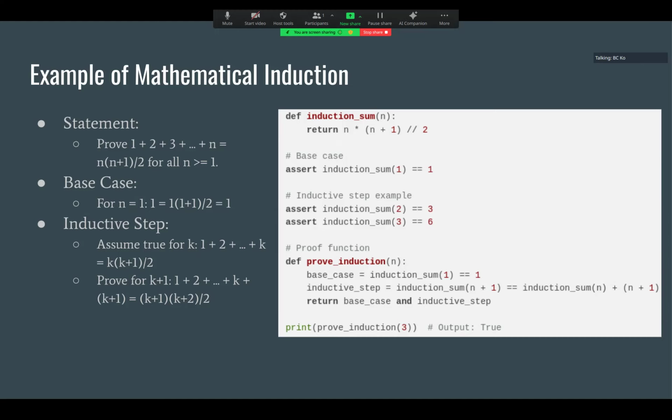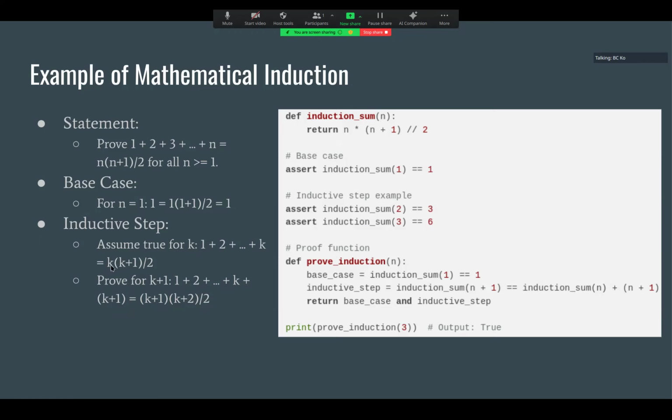So if we replace this, we will have 1 plus 2 plus dot dot dot plus k plus 1. And if you take a look at this, this turns out to be k plus 1 times k plus 2 divided by 2, because we're replacing k with k plus 1.